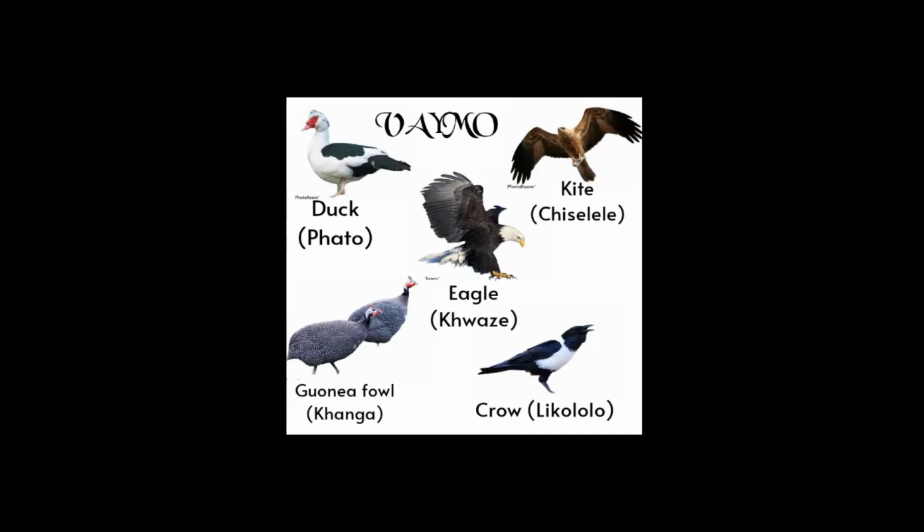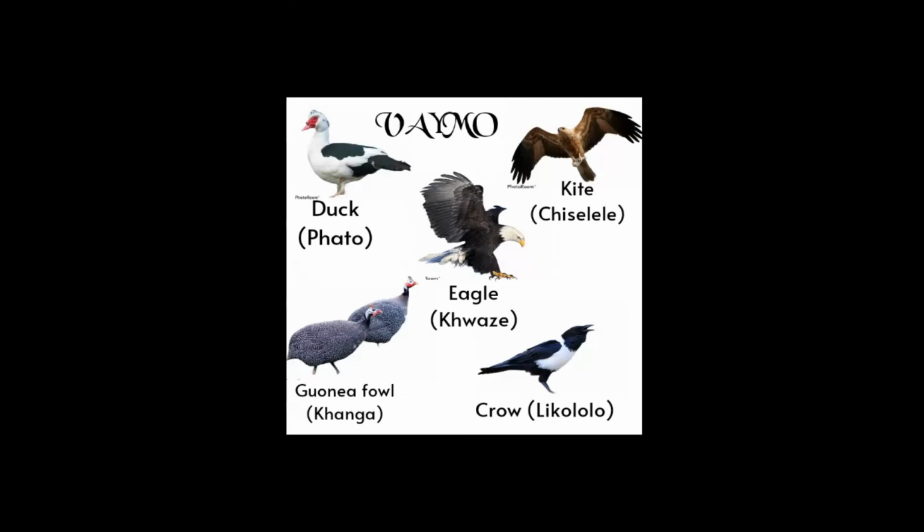These birds or items that start with PH, KH, their plural form becomes va. So duck, pato, plural va pato. Eagle, quasi, plural va quasi. Guinea fowl, plural va kanga, as kanga is one. Vakanga is plural.